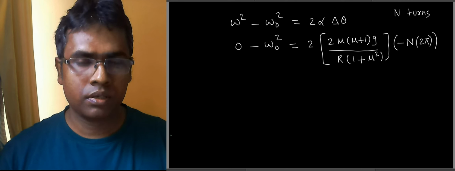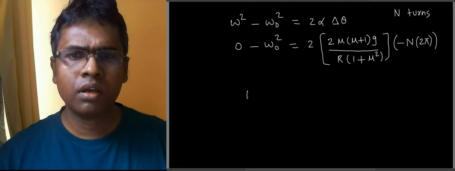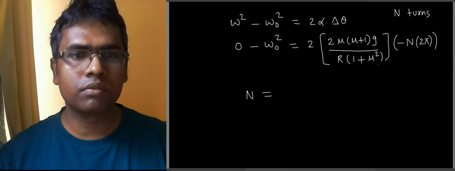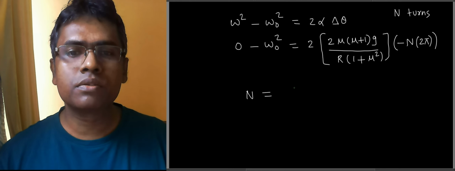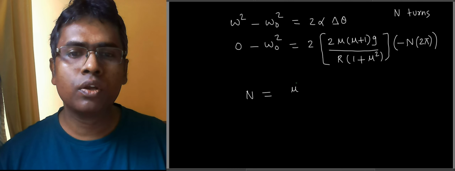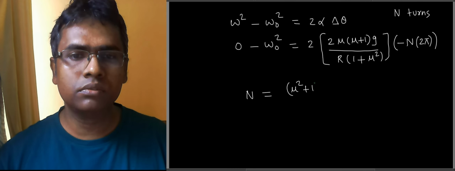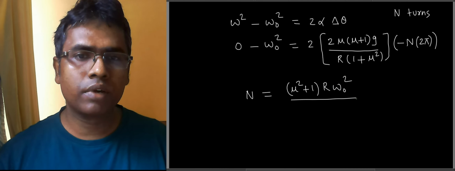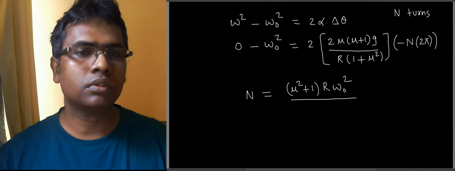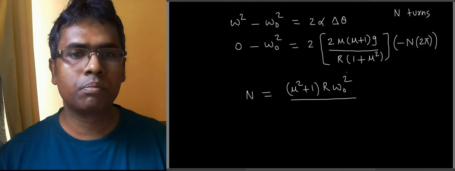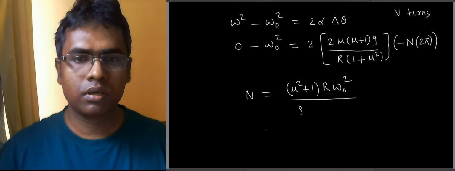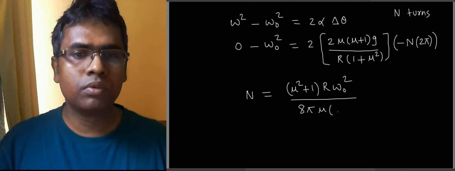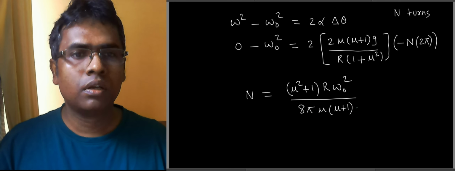So finally the number of turns that the cylinder makes before it stops would be: in the numerator I'll have mu square plus 1 into r into omega square, divided by 8 pi mu into mu plus 1 into g.